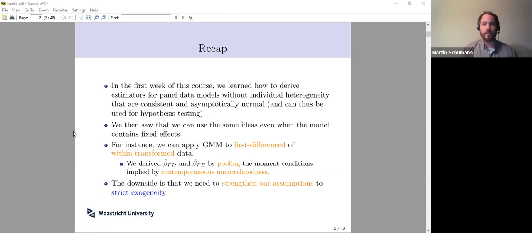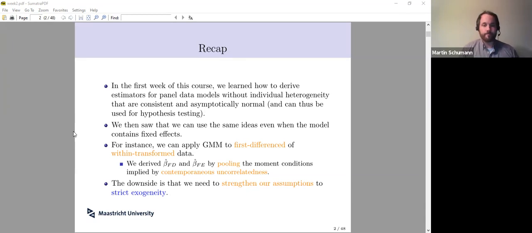But in general, they have a couple of differences and they depend on the properties of the model error term. Namely, one tends to perform slightly better than the other when the model error is a random walk. I think the first difference estimator is a little bit better then. Otherwise, when the model error is serially uncorrelated, then the fixed effects estimator should be a little bit better.